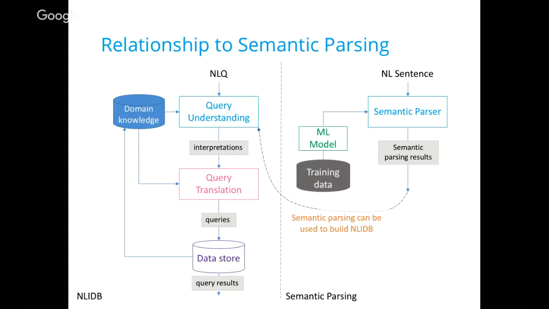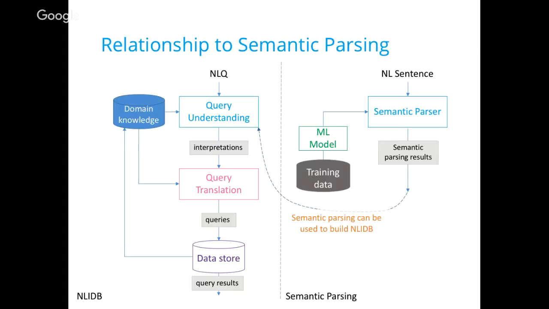But what I want to point out is when we look at the NLP literature, when we talk about natural language interface to database, normally they do not really have a database. Normally what they have is some kind of domain knowledge, and the parsing part is not parsing to a database query, but parsing to a logic function, for example, into lambda calculus and so on.